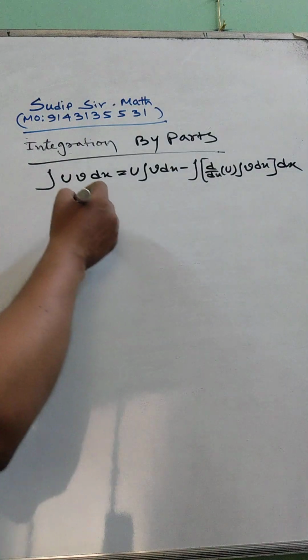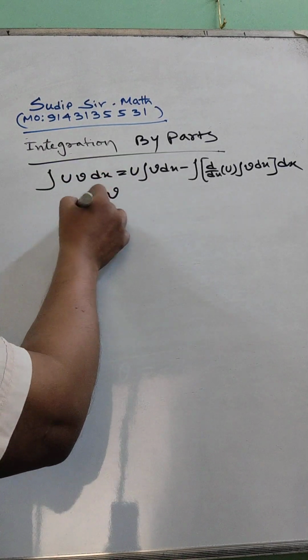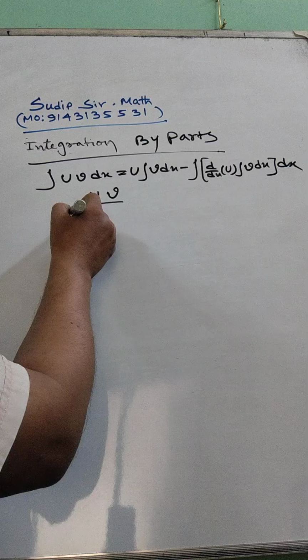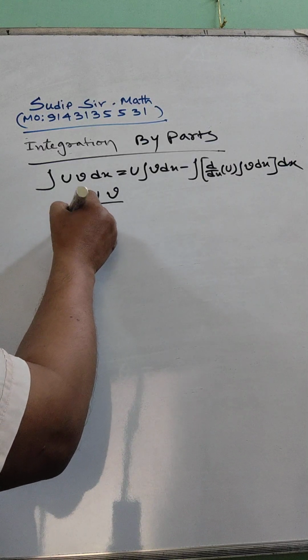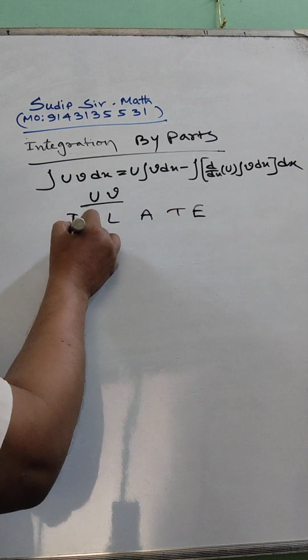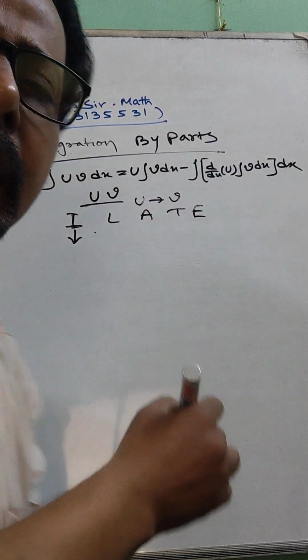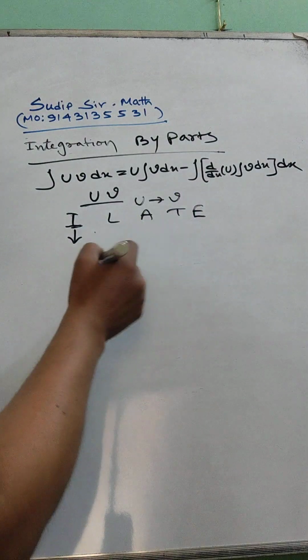Between U and V, whichever is easier to integrate will be taken as V. Like this, you can use ILATE or LIATE. Comparatively, the first one will be U and the second one will be V.